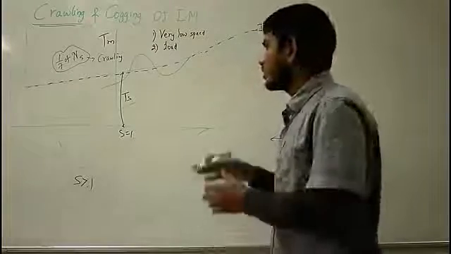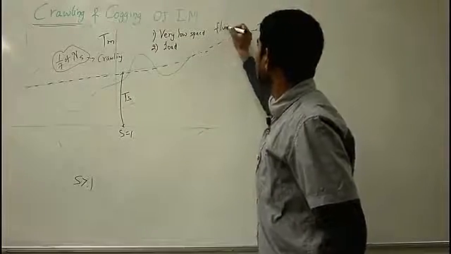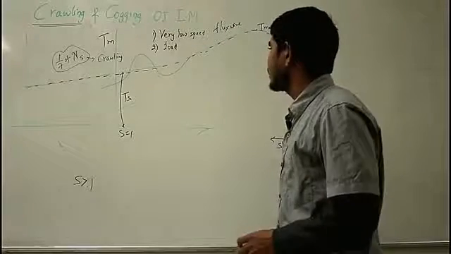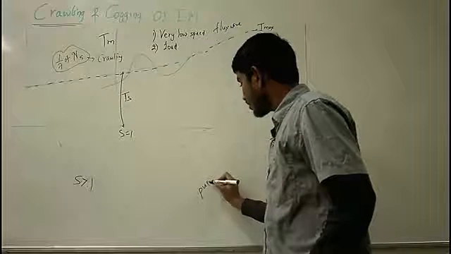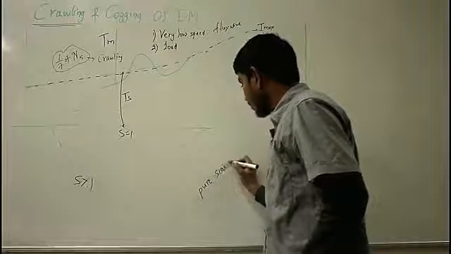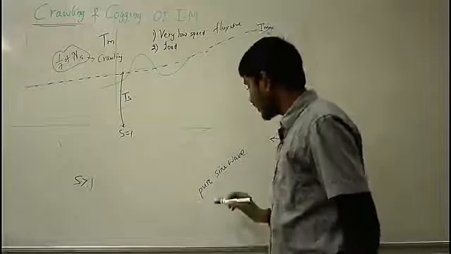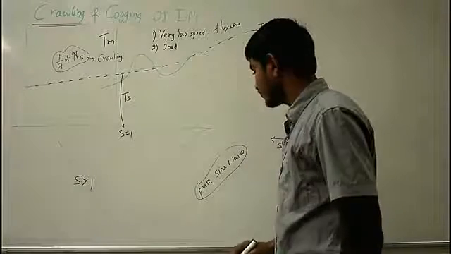This is due to the fact that the flux wave produced by your stator winding is not a pure sine wave. If the flux wave produced by your stator winding were a pure sine wave, then we would not have any kind of harmonics.